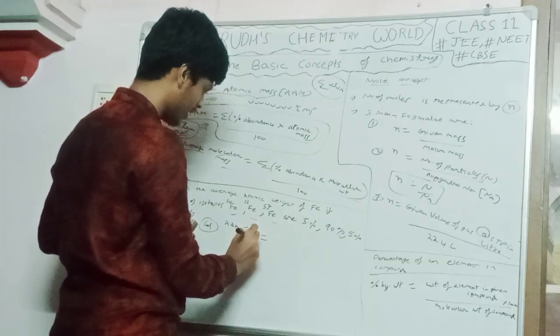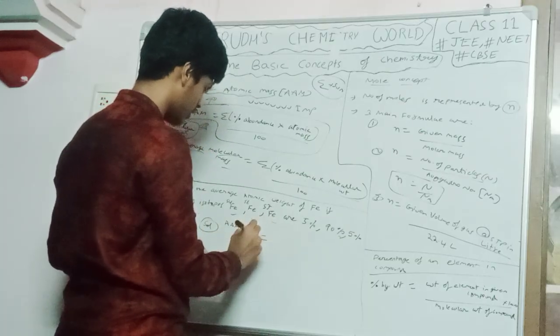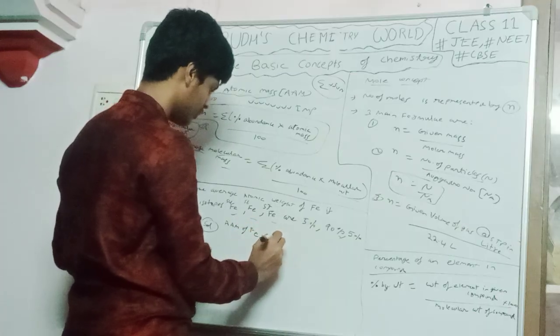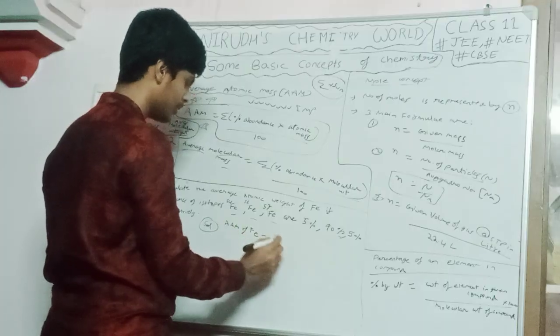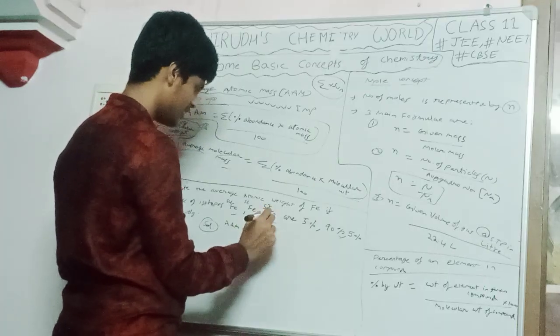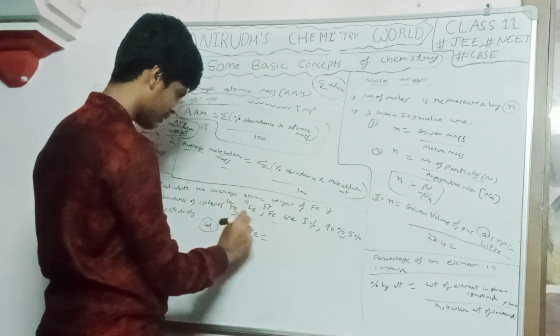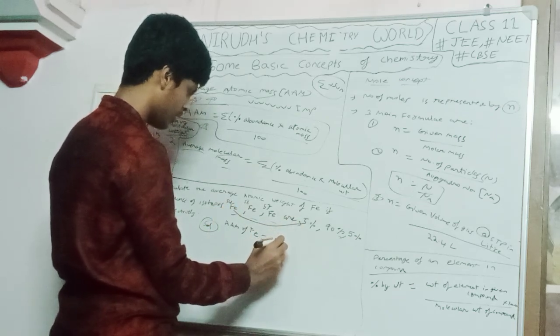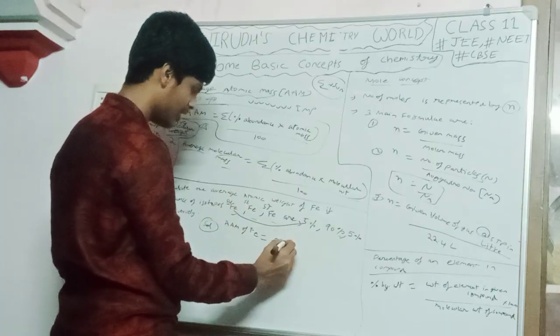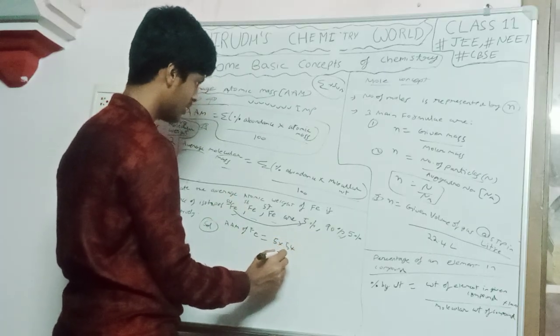Average atomic mass of iron is equal to sigma, summation. You need not write summation. It is percentage abundance, correspondingly, into atomic mass, which is 54, by 100.